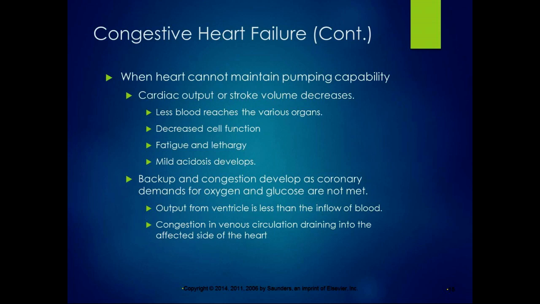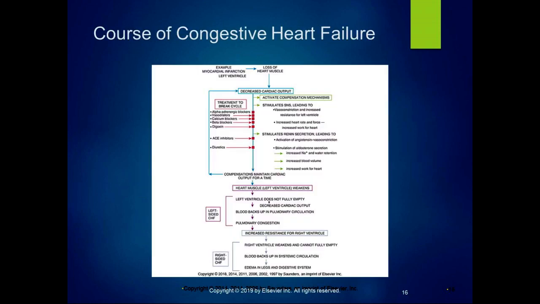In the book, they show the different signs for the different sides, and I would like you to know that. There's a table on page 247, table 12.3, that compares left-sided versus right-sided congestive heart failure. This is also from the book.